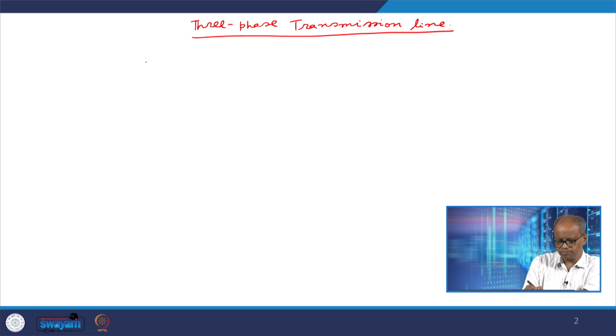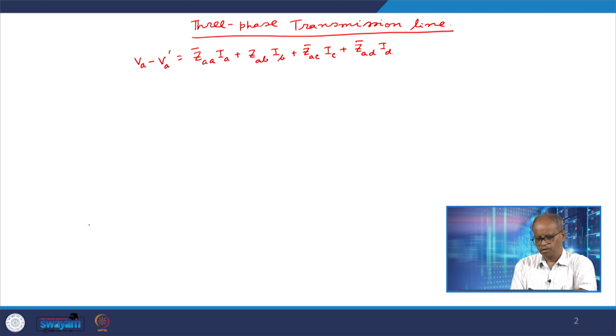We have written 4 voltage equations. VA minus VA dash is equal to ZAA IA plus ZAB IB plus ZAC IC plus ZAD ID. Of course, these are primitive impedances.